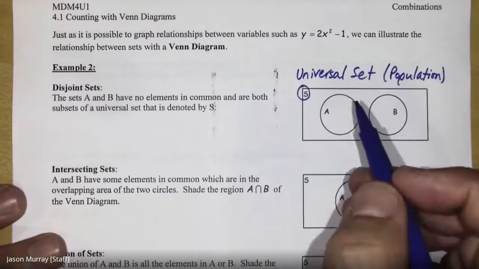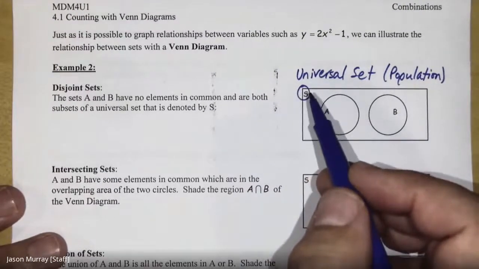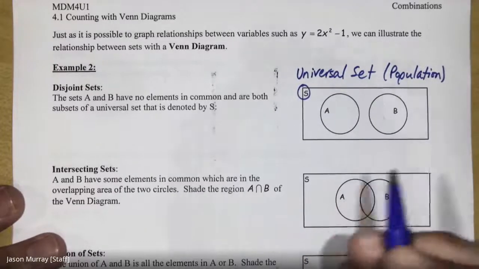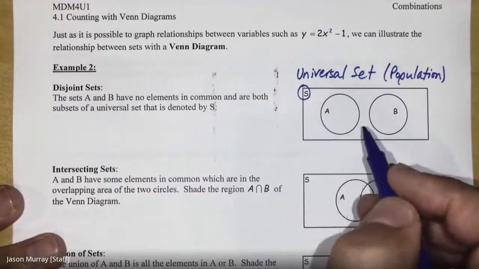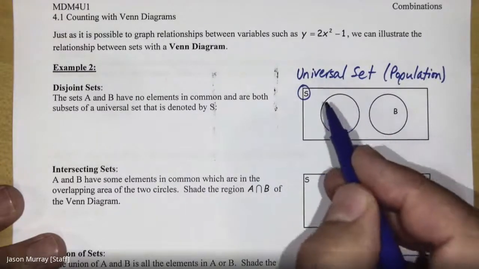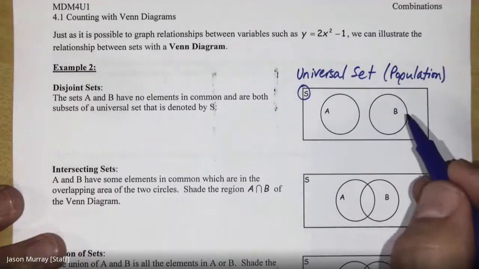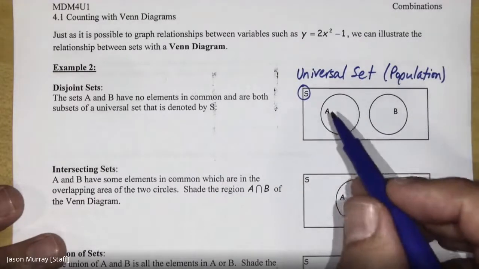So, for example, let's say that this universal set represents all of the grade 12s at Blakelock. That's our population. But some of you are taking data, you'll be in set A, and other students are taking, I don't know, something else that you guys are not taking.